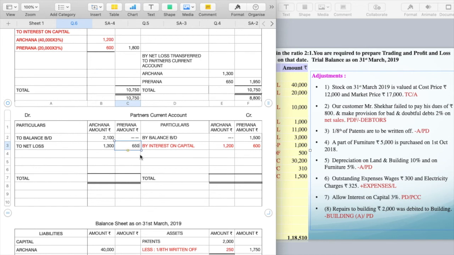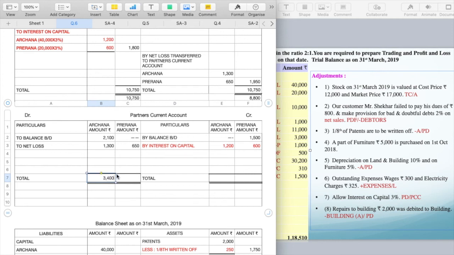Now we'll see Archana's account first. Archana's account debit side total is more, because on the credit side I can see only 1200. If I total up Archana's amount, it will be 3400 on the debit side.